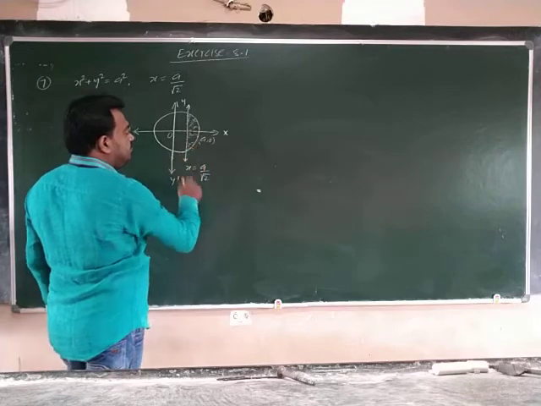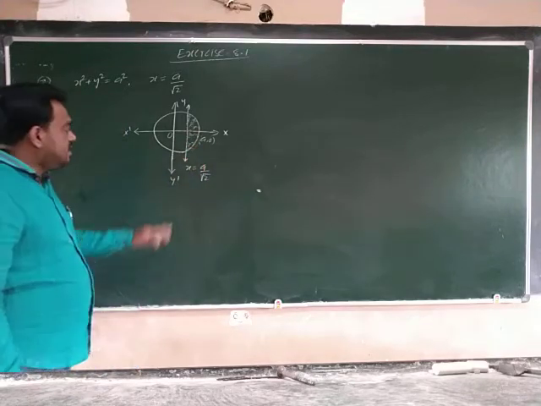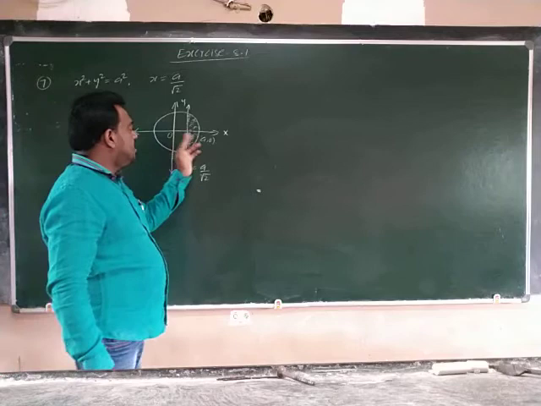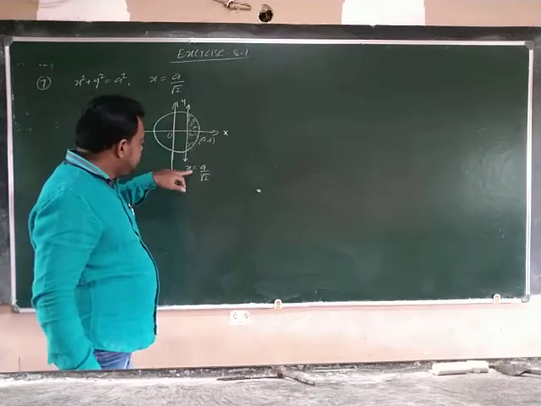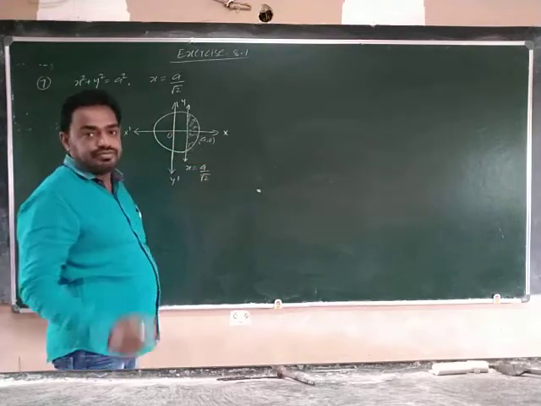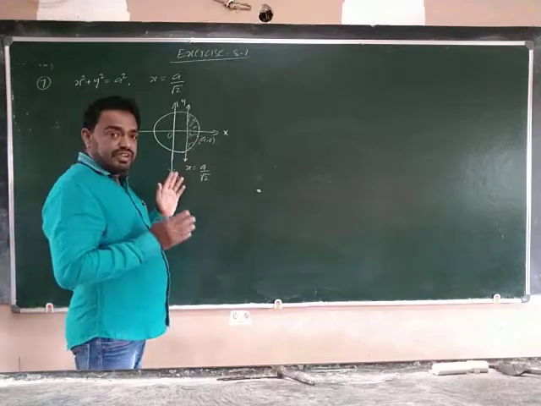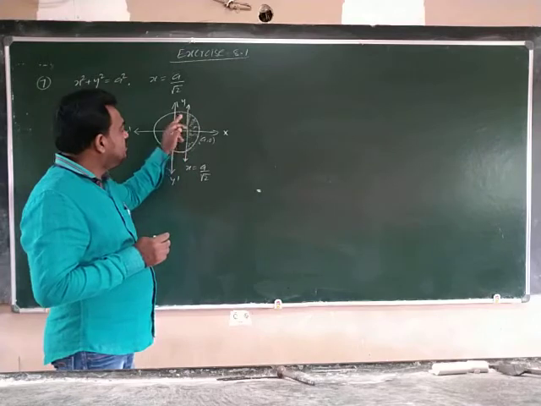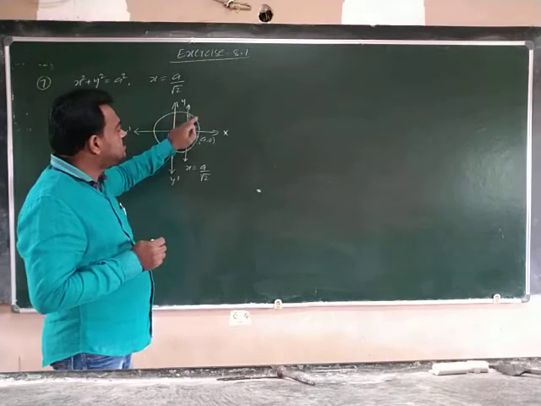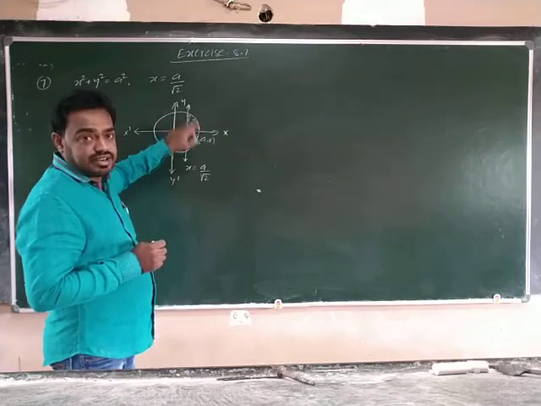Where to where do we have this area? From a by root 2 to a. These are the limits. Between which curves? Between this curve and the x-axis. This curve is the circle.